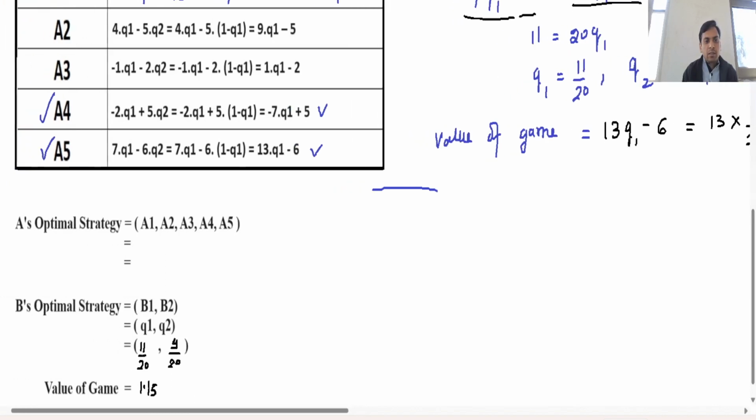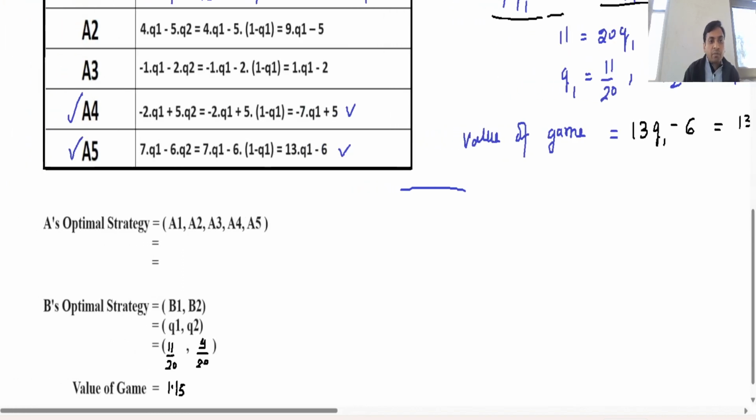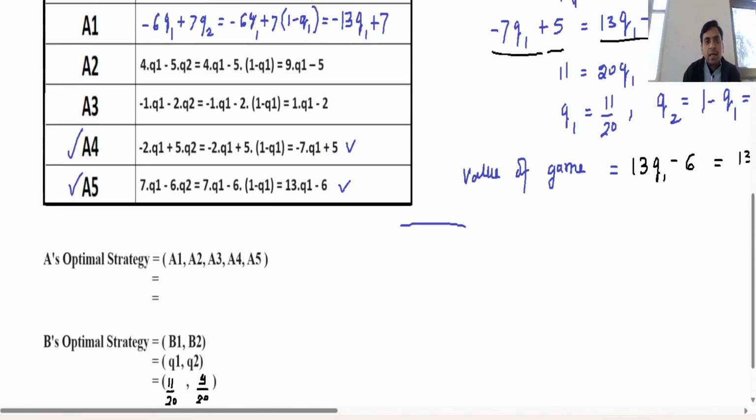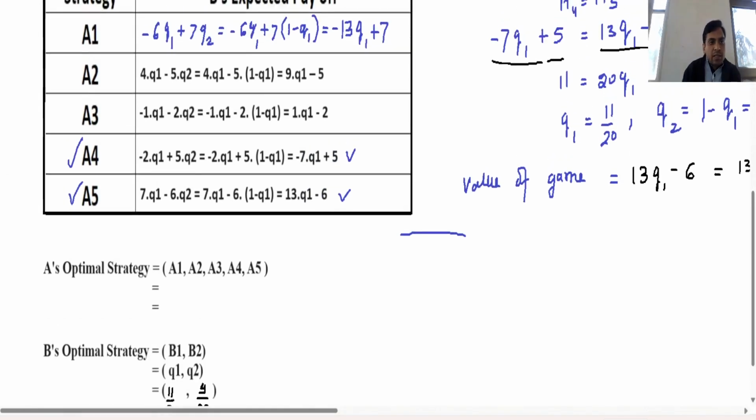So this is the optimal strategy for player B, but we need to find it for player A also. In this result, we are getting results only from A4 and A5. That's why A1 is 0, A2 is 0, A3 is 0.